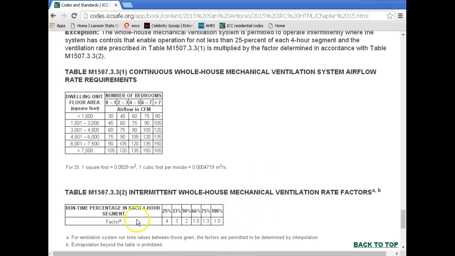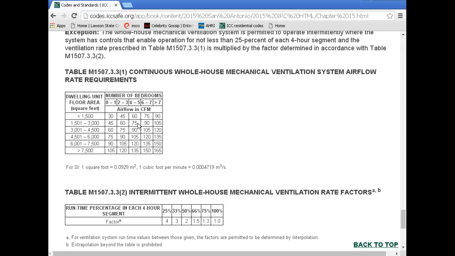So let's say I've got a 2,000 square foot house with 4 bedrooms. So looking at table 1507.331, that's going to put me at 1501 to 3,000. And under 4 bedrooms, that looks like 75%, right? And so if I had a continuous fan, I would need 75 CFM.